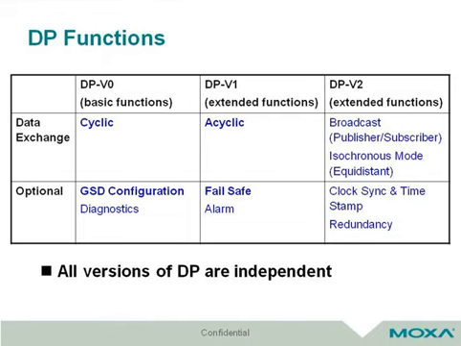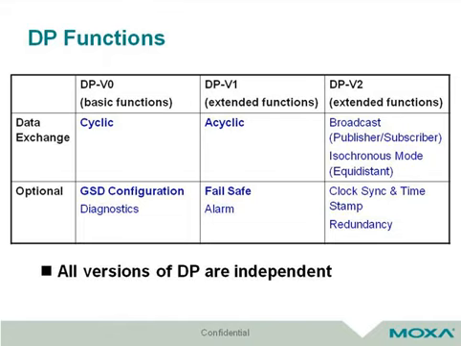Data exchange with the distributed devices is mainly cyclic. So, DP version 0, also called basic functions, defines the cyclic data exchange between masters and the slaves. To do the data exchange, it defines the GSD files for a master to control different slaves made by different manufacturers, which we'll discuss more in the next slide.